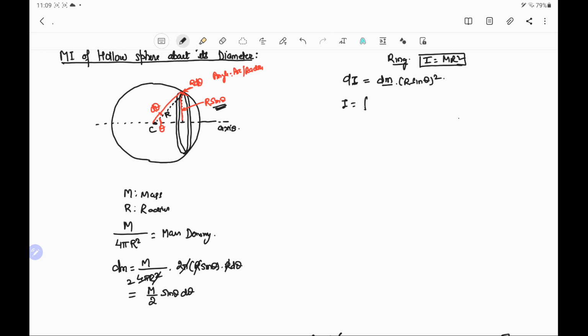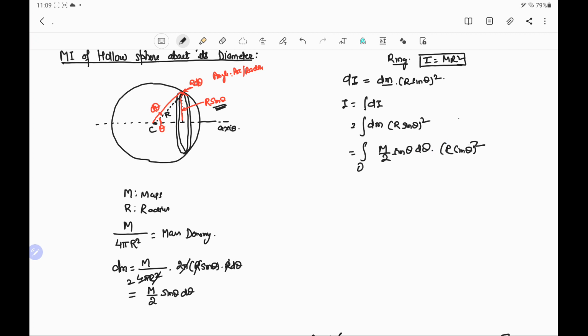To find the moment of inertia we have to integrate. Put the value of dm, it will be m by 2 sine theta d theta into r sine theta square.